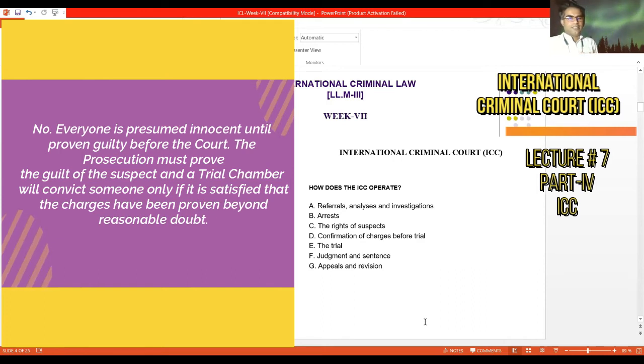Last is to have the prosecution disclose to the defense evidence in its possession or control which it believes shows or tends to show the innocence of the accused, or to mitigate the guilt of the accused, or which may affect the credibility of the prosecution evidence.